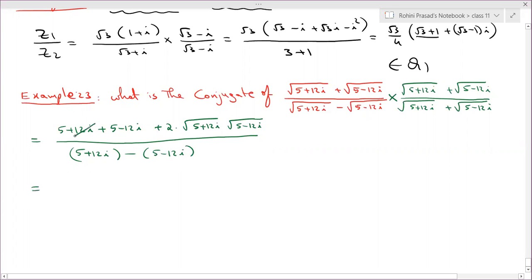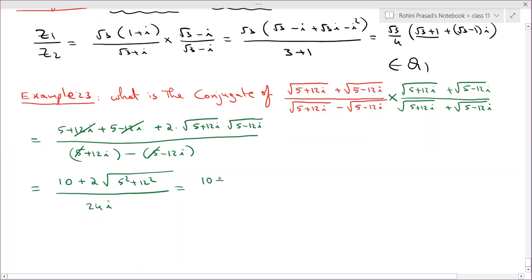The 12i and minus 12i get cancelled. 5 plus 5 is 10, plus 2 times root of a plus b into a minus b again, so 5 square plus 12 square, which is 144 plus 25, 169, 13, divided by 24i.